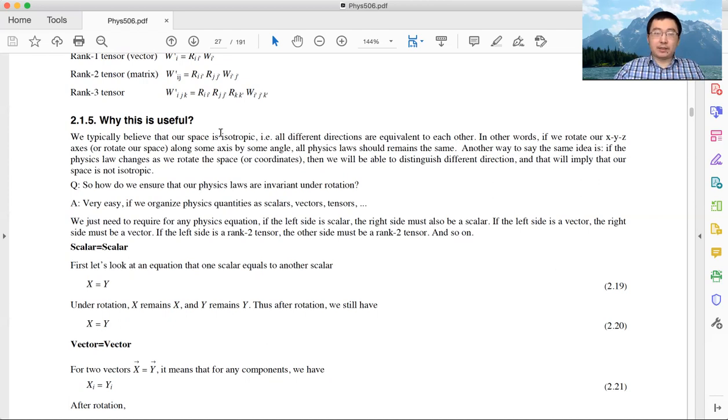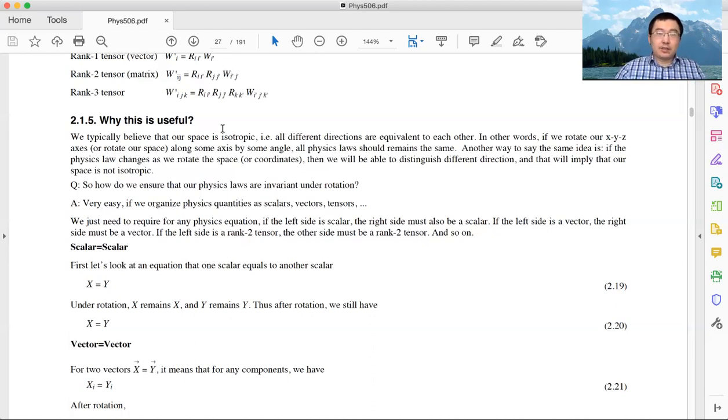The reason behind that is this fundamental assumption: we assume our space is isotropic. There's no special direction, so any direction I can choose as x, y, z. That means all my fundamental physics laws need to maintain the same structure, no matter how we choose the x, y, z axes, or no matter how we rotate the system.